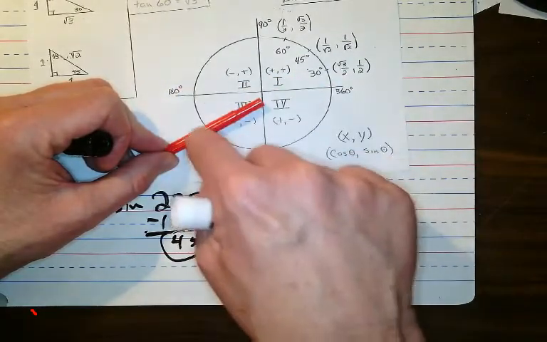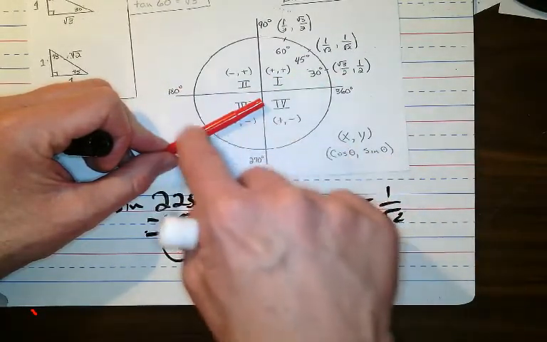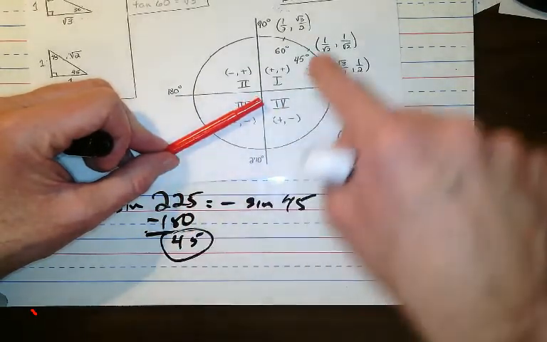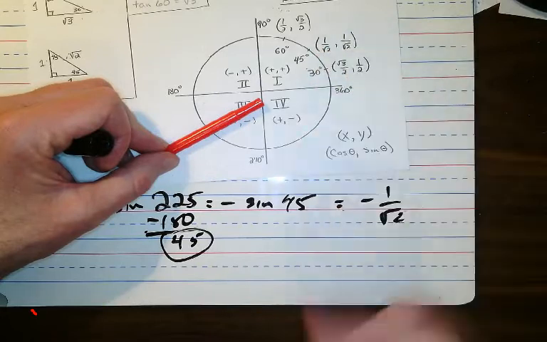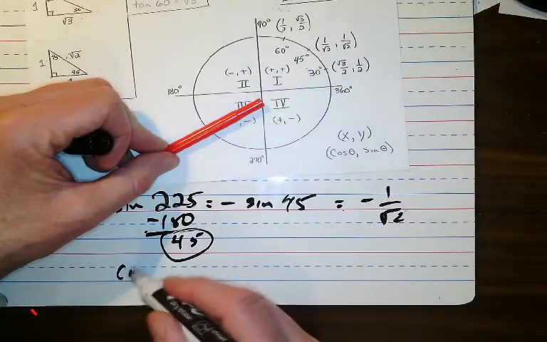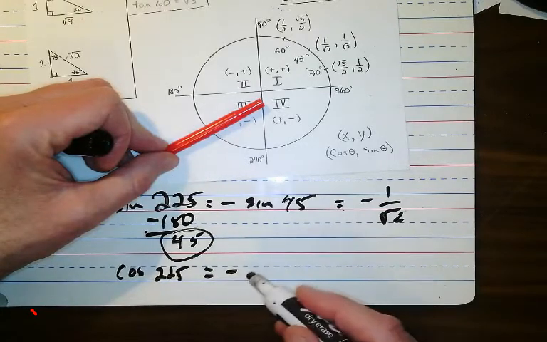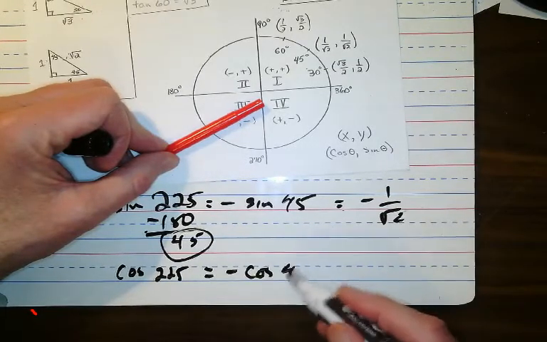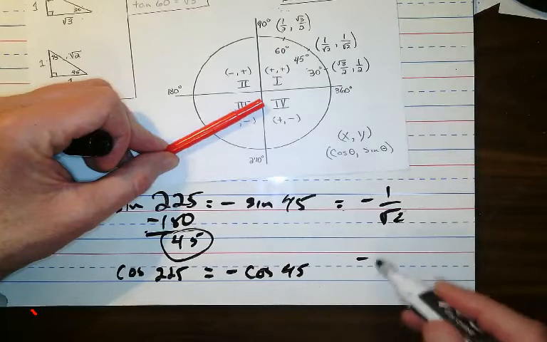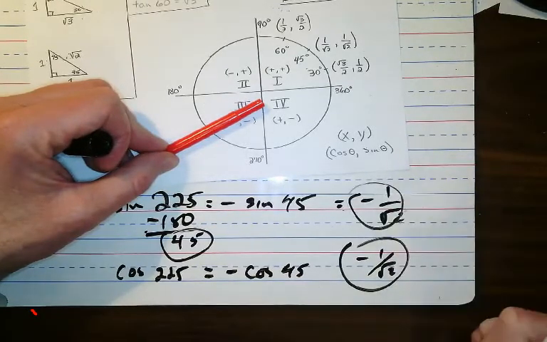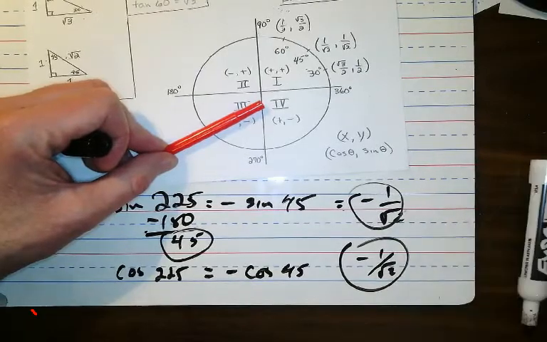You have to measure back to the x-axis. How far away are you from the x-axis? If you know how far away you are, then you know it's these guys right here. And then, of course, cosine of 225 is going to be the opposite of the cosine of 45, which is just the same thing. Woo woo, right? No problemo.